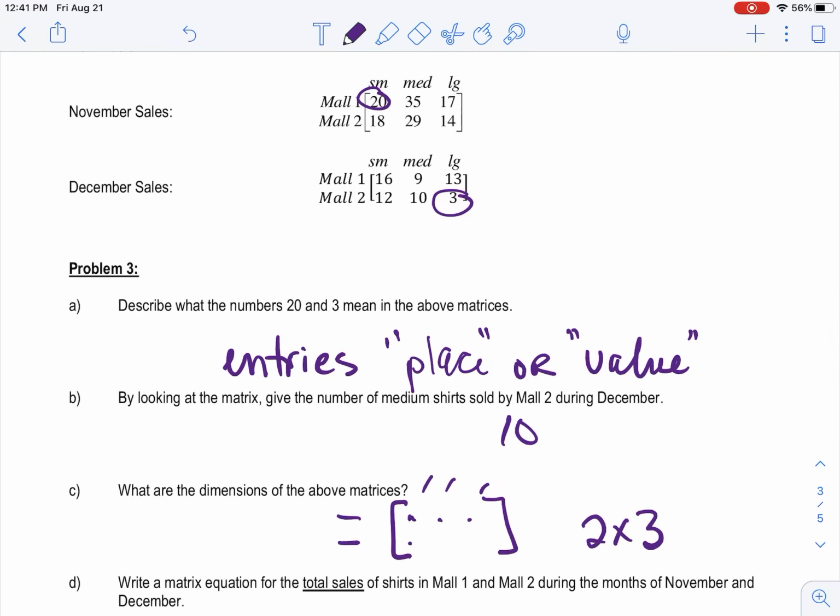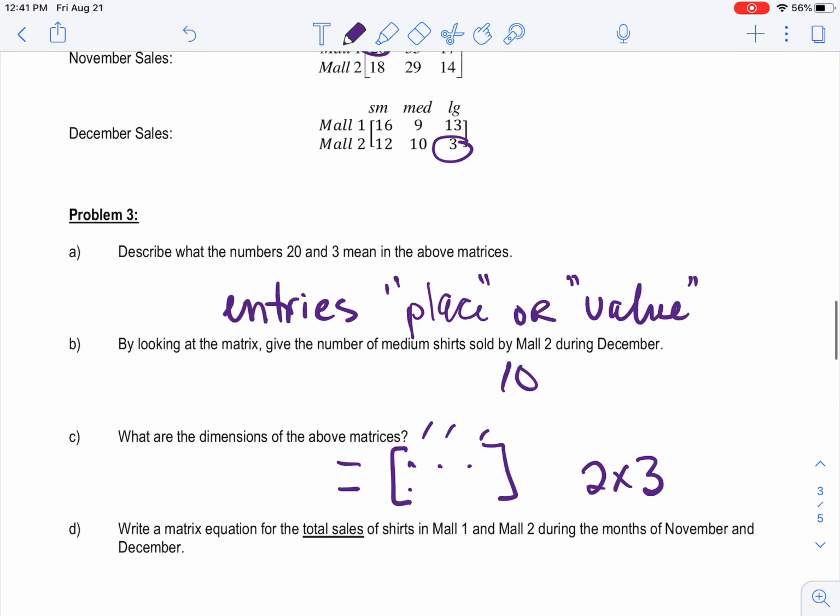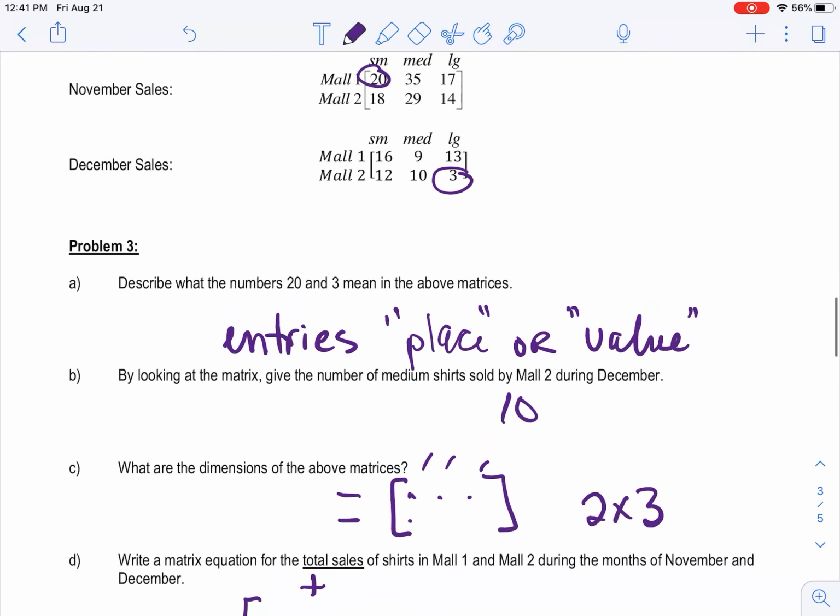Write a matrix equation for the total sales of shirts in Mall 1 and Mall 2 during the months of November and December. So total means add. So if we write an equation, we're going to have to go back up here for that.